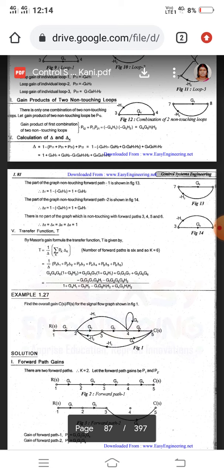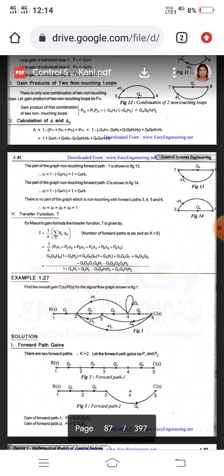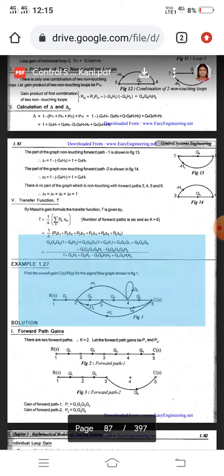Let's go with the transfer function. The formula is 1 by del, summation of k, pk del k. We have 6 forward paths, so we replace with p1 del 1 up to p6 del 6, according to their values.